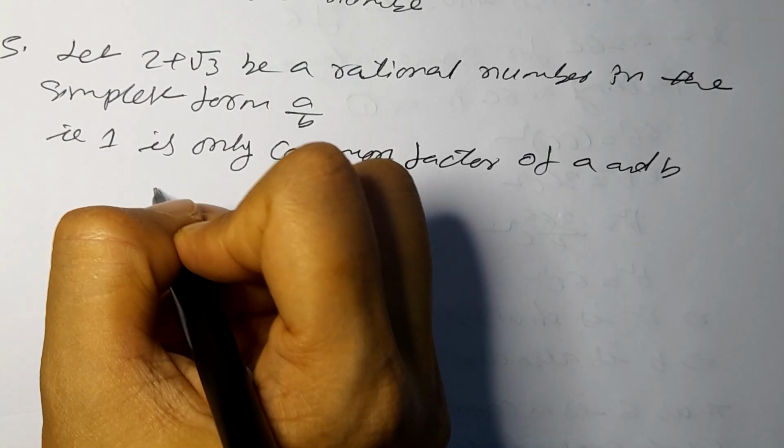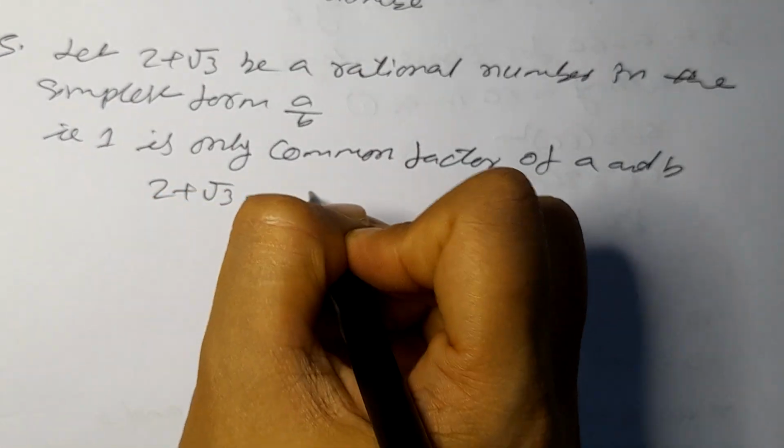So therefore, 2 plus root 3 is equal to a by b.